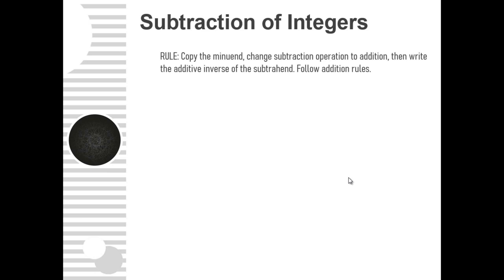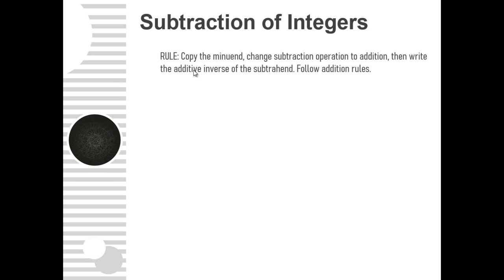Okay? So, for this operation, this is the rule and these are the steps that you're going to follow. Subtraction is made up of the minuend and the subtrahend. The minuend is what is subtracted from. The subtrahend is what is subtracted. Their answer is the difference, right? We learned this in elementary.